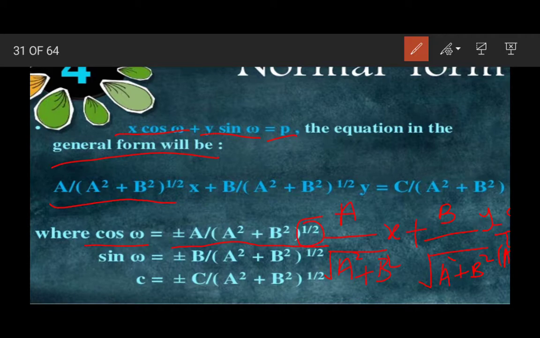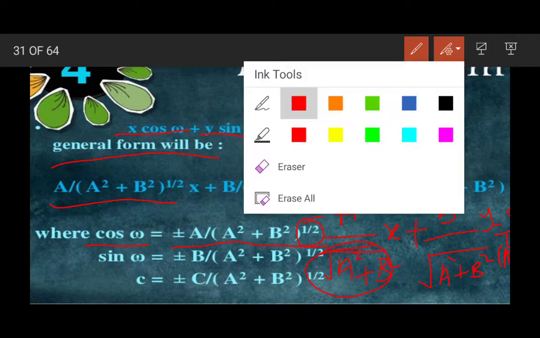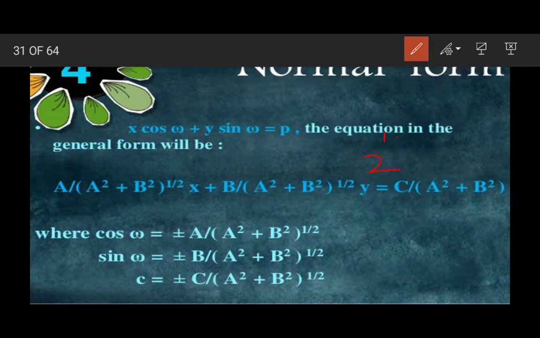This raised to half means root. If I say 2 raised to half, it means root of 2. So a divided by a square plus b square raised to half means a upon root of a square plus b square. Similarly, sin omega will be plus minus b upon a square plus b square raised to half. Then the constant term p will be c upon a square plus b square raised to half.